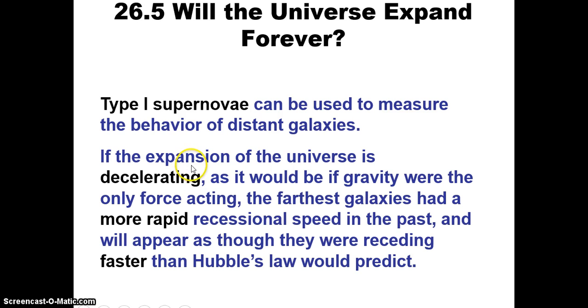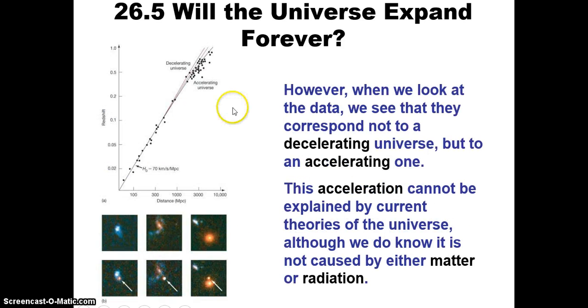The expansion of the universe was faster back towards the beginning of the universe, right? 13.8 billion years ago. So that's what these two teams actually went out and tried to do, and they found something unbelievable.